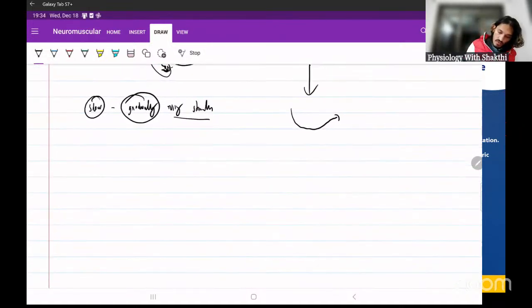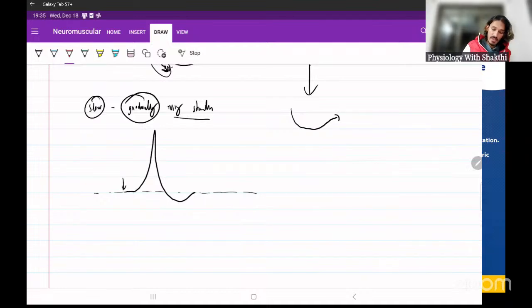What is going to happen? Usually, when you give a stimulus, after the latent period it goes into an action potential like this. Instead, now we give a much slower stimulus. Sodium is coming in, but much more slowly. It's acting like a graded potential now.